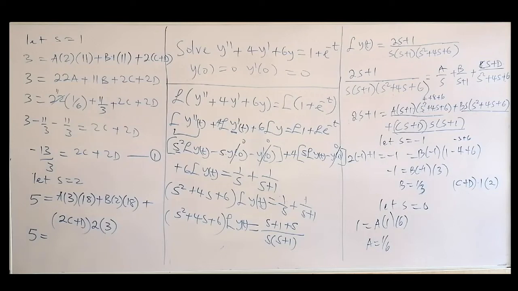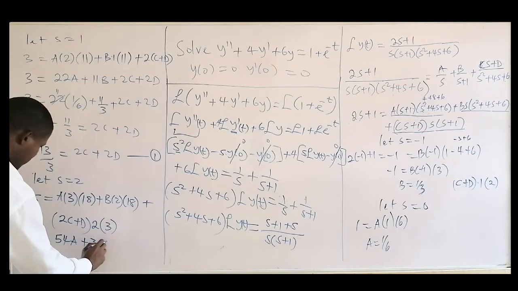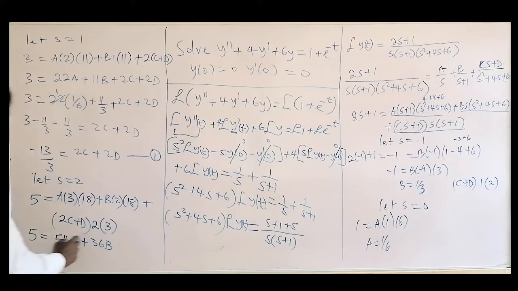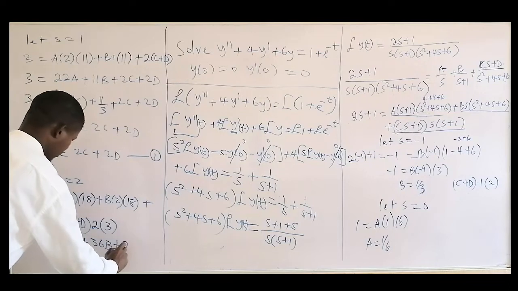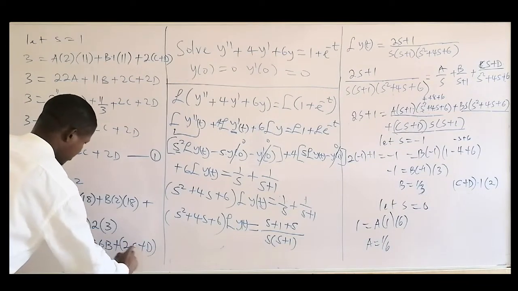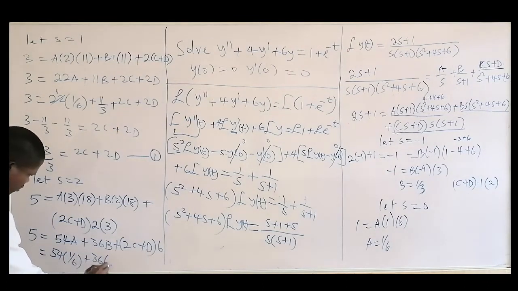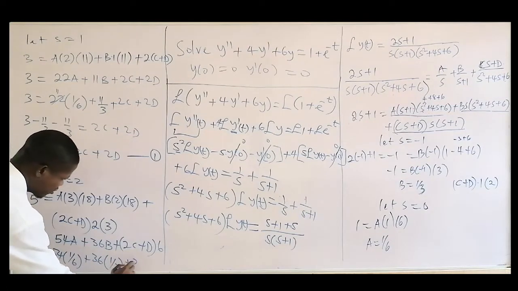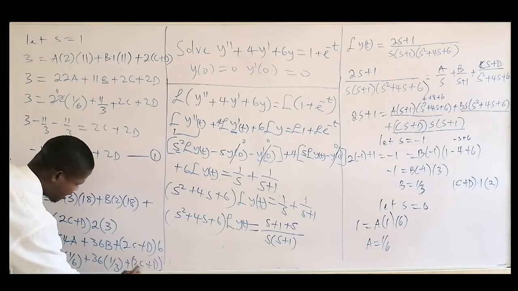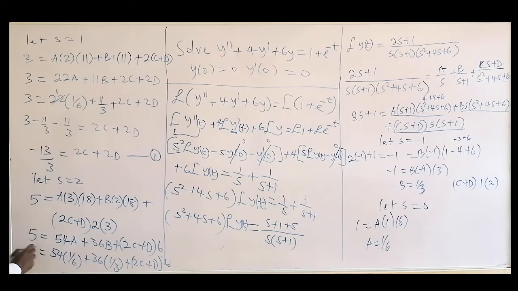We know the value of 3 times 18, that's 54a, plus 36b, and then a plus 2c plus d times 6. And then we know our a, 54 times 1 over 6, plus 36 times 1 over 3, plus 2c plus d, bracket 6, equal to 5.